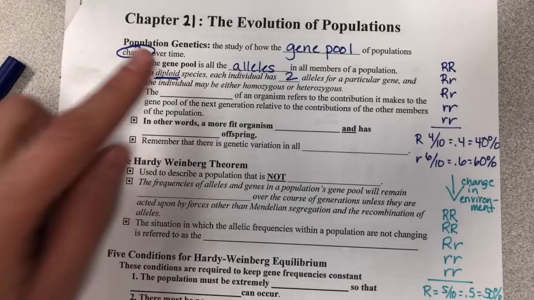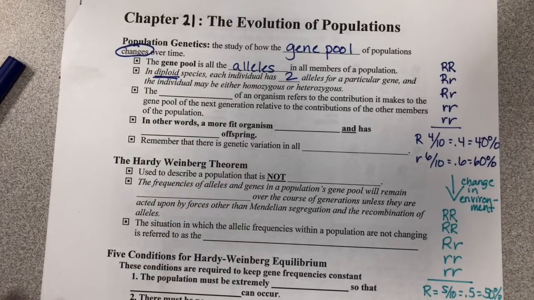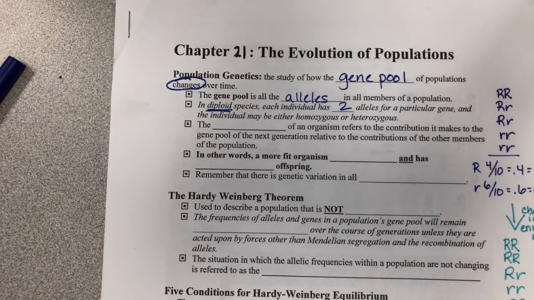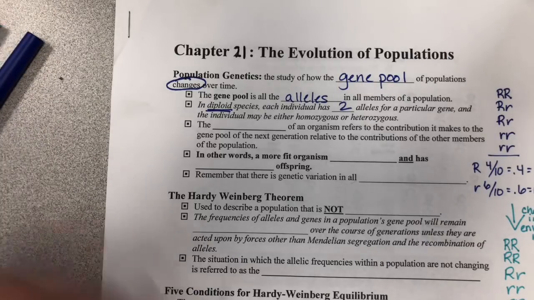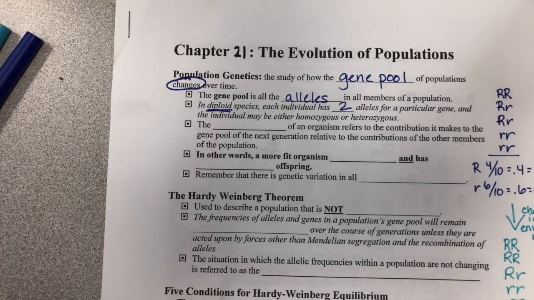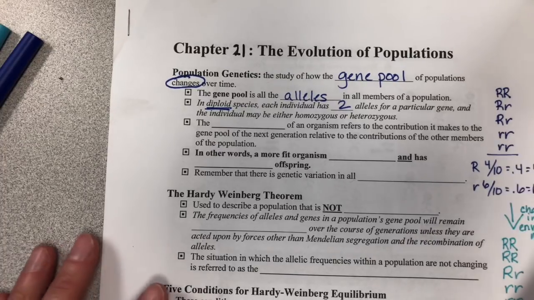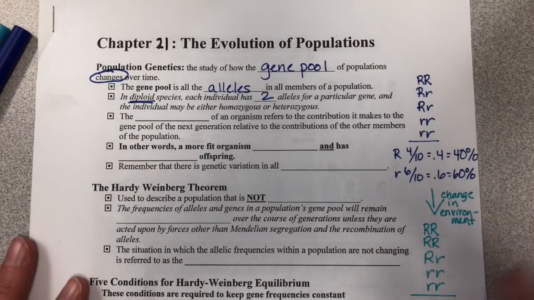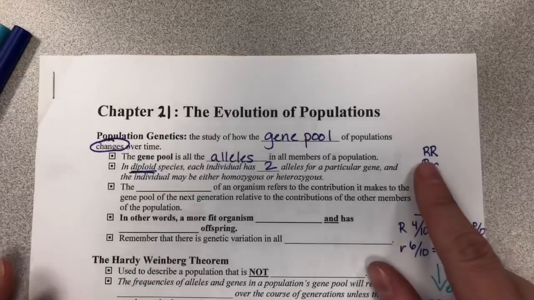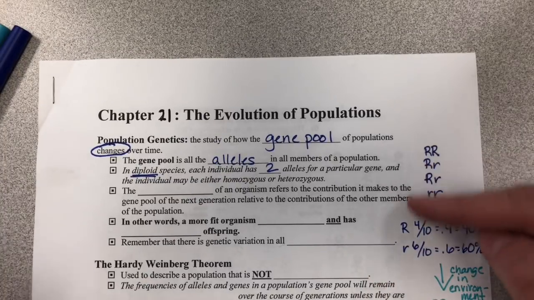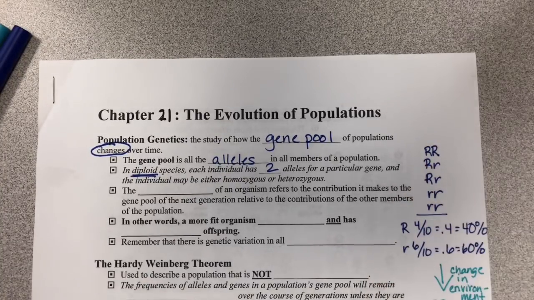Therefore our frequency changes over time. We study that and look at populations, and that's how we can tell if a population is evolving or changing over time. I want to point out that populations evolve, but individuals don't. Individuals don't evolve and change, but the frequencies in the population do.